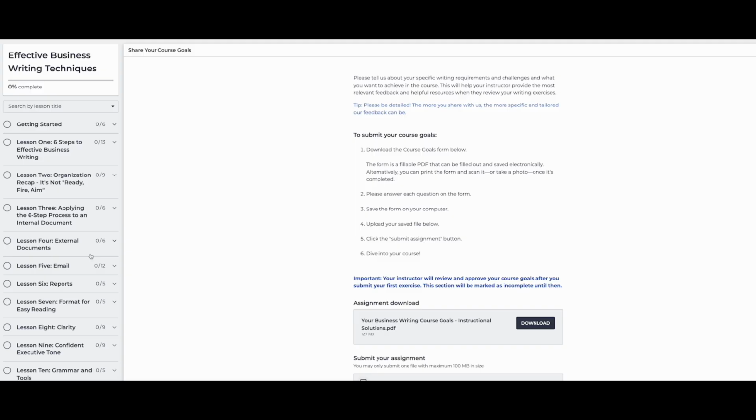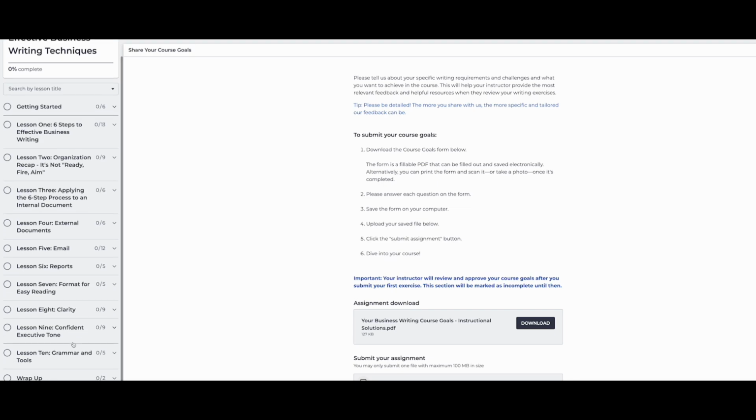We know they're solid, meaning that the information in them is what your readers need. And at that point, in the last section of the course, format, clarity, tone, and grammar, we turn our attention to the sentence structure or the syntax, and we make those documents just a pleasure to read.